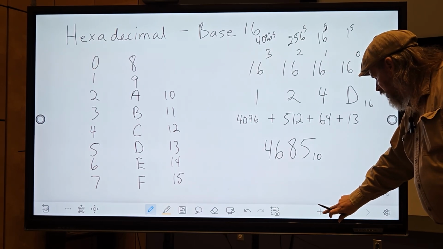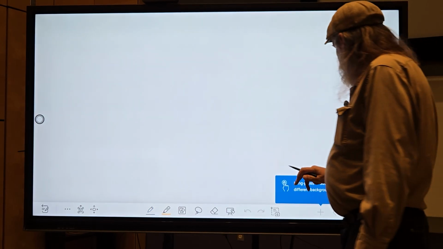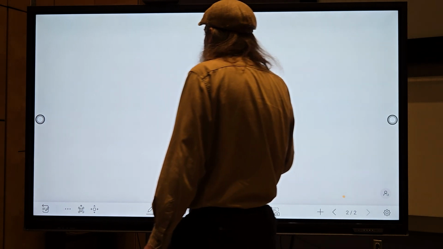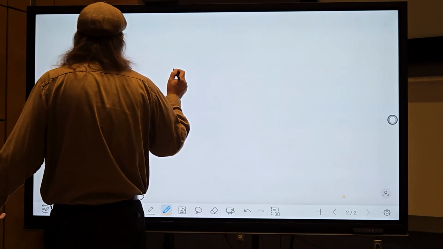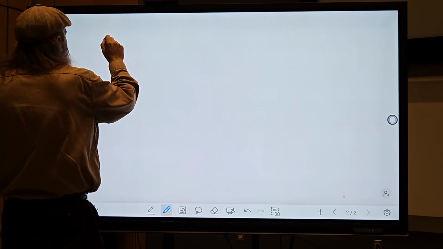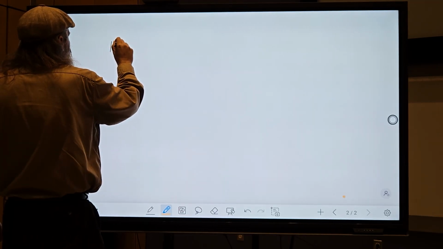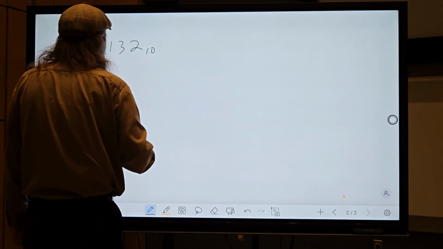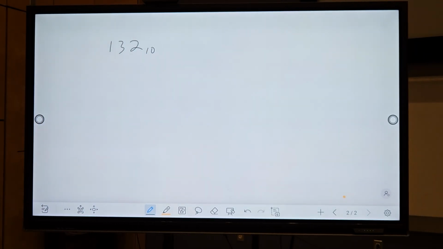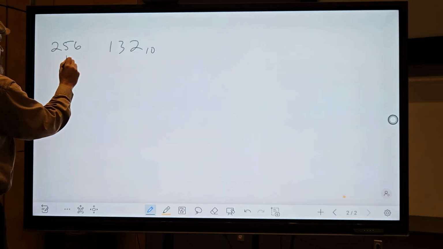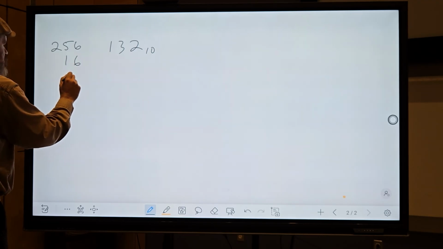Likewise, if you wanted to convert, let's do something a little bit smaller here, 132 base 10 into hexadecimal. Well, you got your powers over here, 256, 16, and 1.